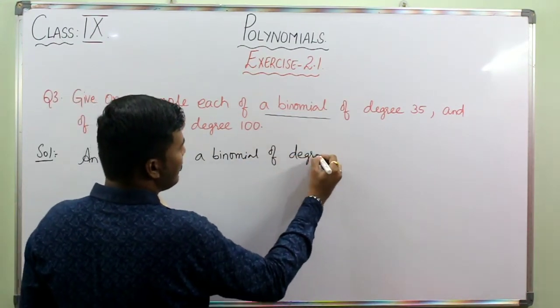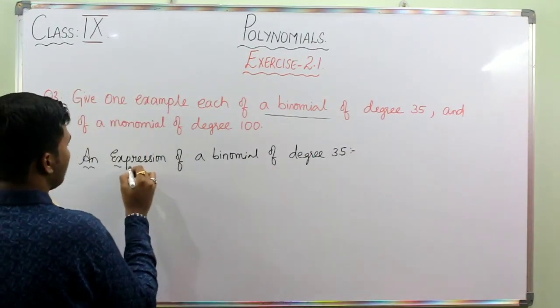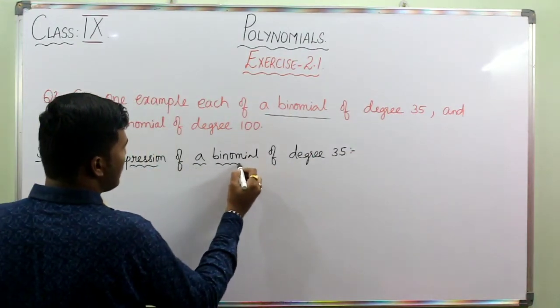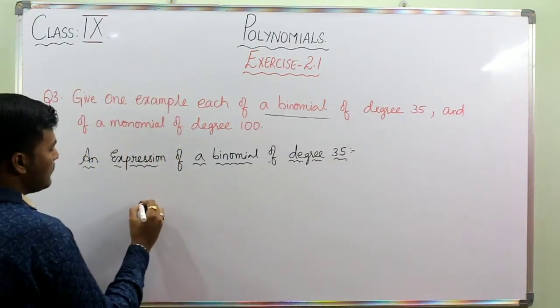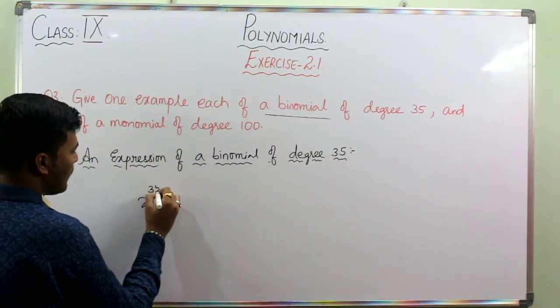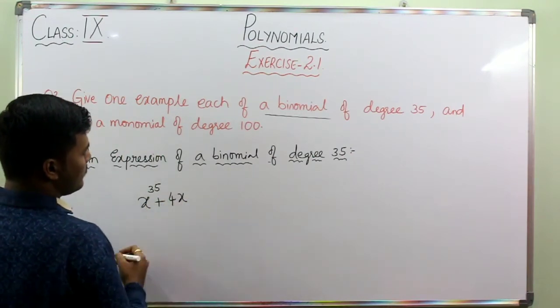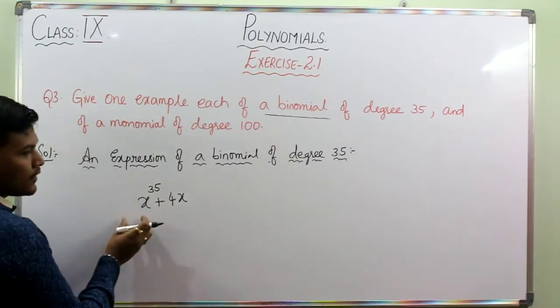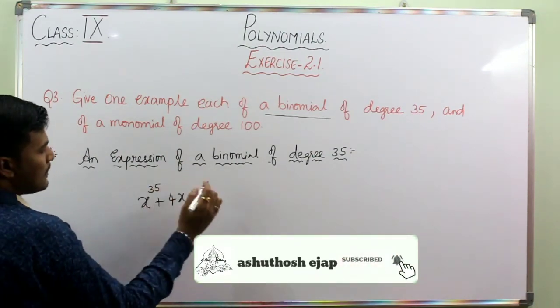Degree is nothing but the highest power of the polynomial. So I can write it as x to the power of 35 plus 4x. Here we have two terms, hence it is called a binomial, and its degree is 35.